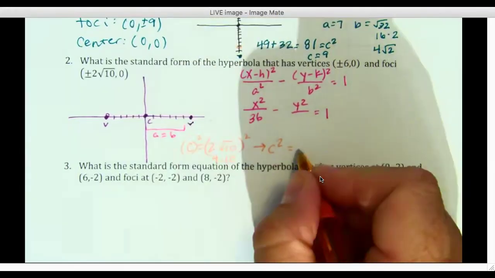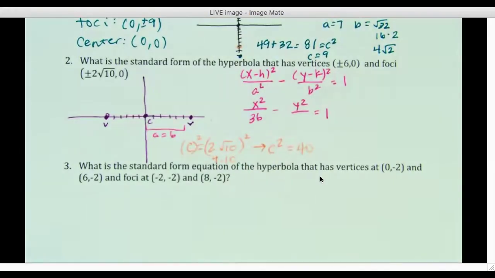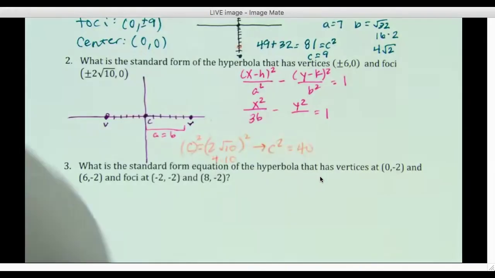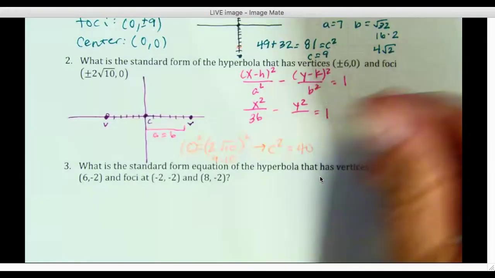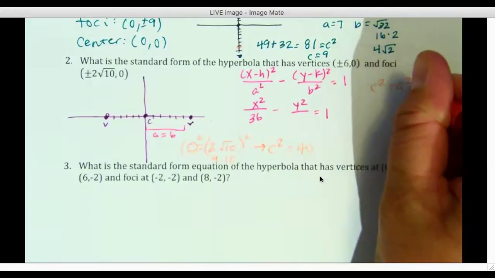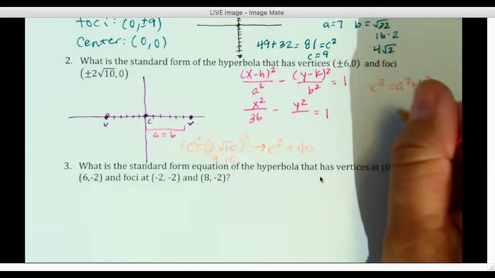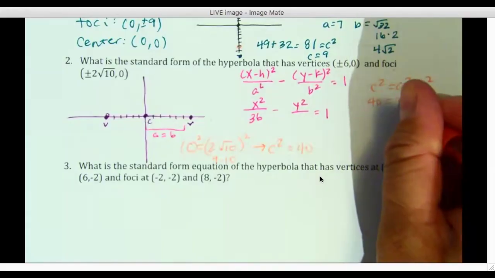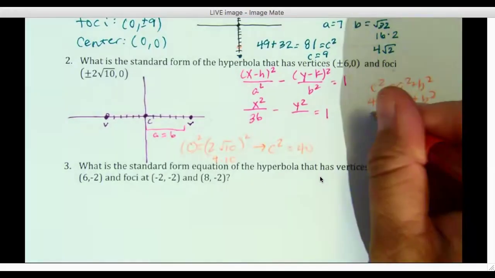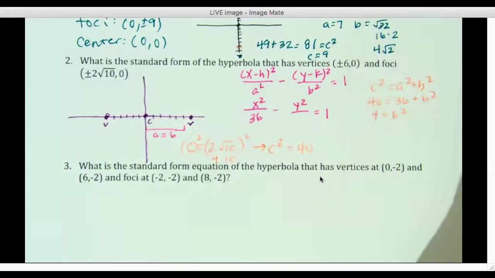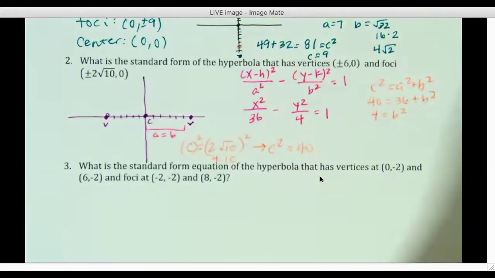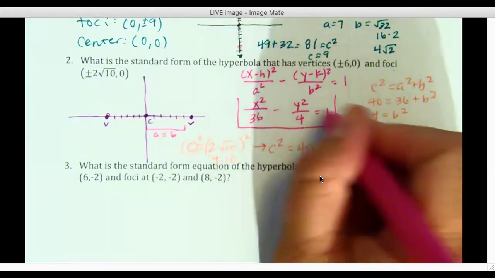So 4 times 10 is 40. So now that I know c squared and I know a squared, I can find b squared. So I have c squared is equal to a squared plus b squared. And c squared is 40, and a squared is 36. I can subtract 36 from both sides, and I get 4 is equal to b squared. And I actually don't need b, I just need b squared. And now I have the equation for that hyperbola.